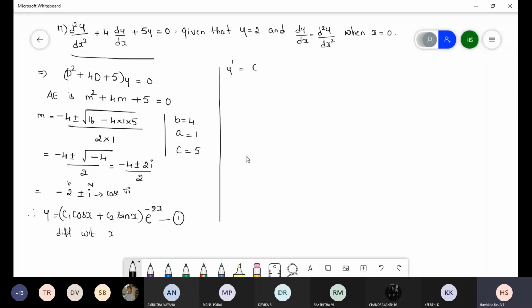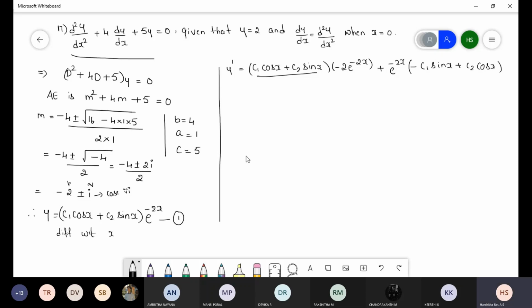First I write C1 cos x plus C2 sin x as it is. Differentiation of e power minus 2x is minus 2 into e power minus 2x, plus e power minus 2x I write as it is. Differentiation of C1 cos x plus C2 sin x is minus C1 sin x plus C2 cos x.